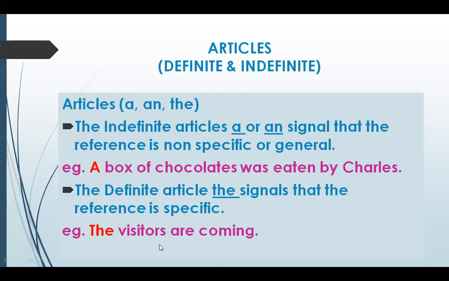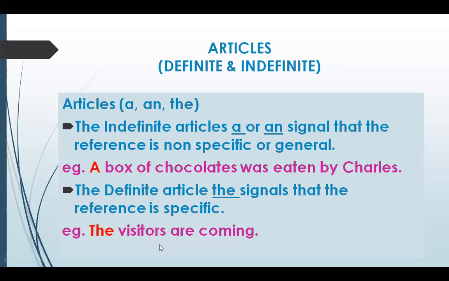And we use article a with consonant sounding words. This is very important to understand, because when we have to use article a or an, we have to look at the sound of the word produced, right? You don't have to see whether it starts with a, e, i, o, u and place an there; you have to see the sound produced by a particular word.